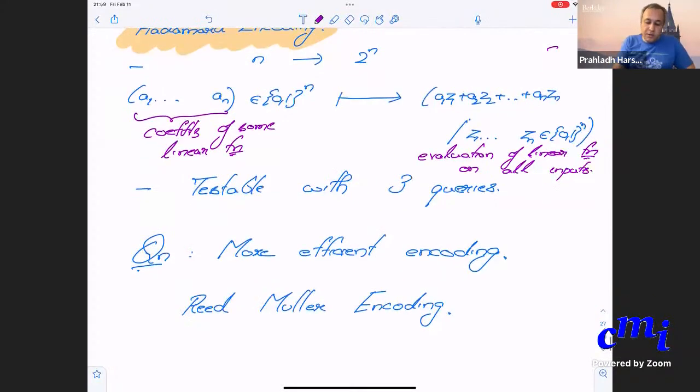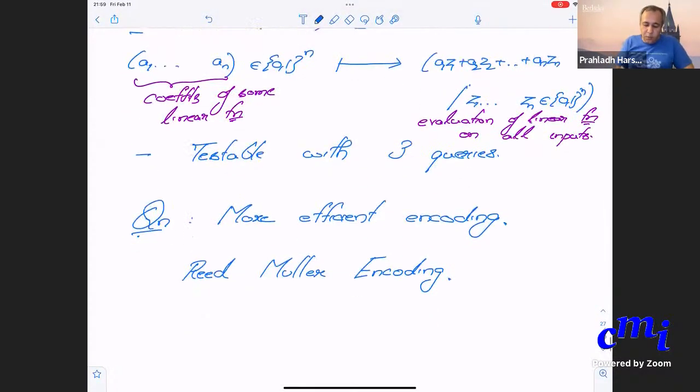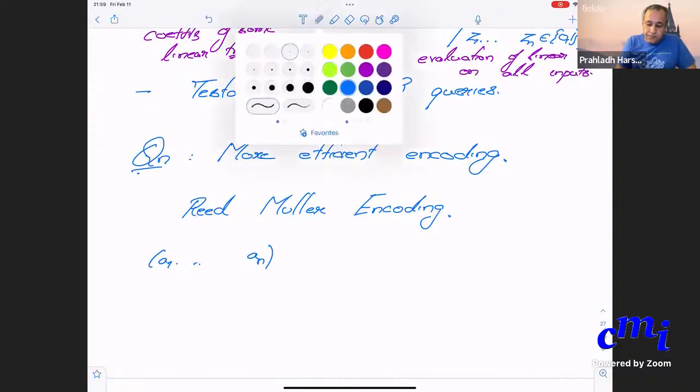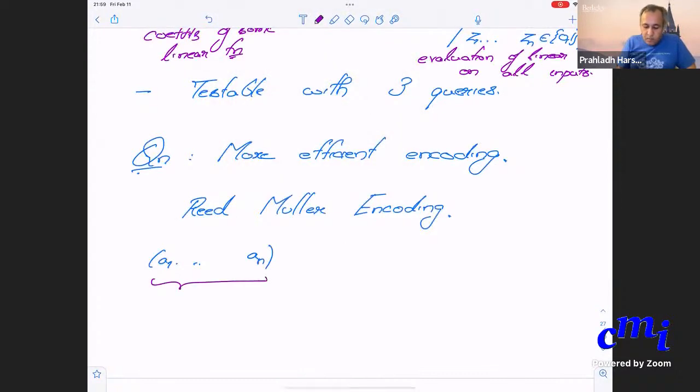You could take the same idea and push it further. You view the string A1 to An, in {0,1}^n, and I'm going to be quite vague over here, as the coefficients of a degree D multivariate polynomial.